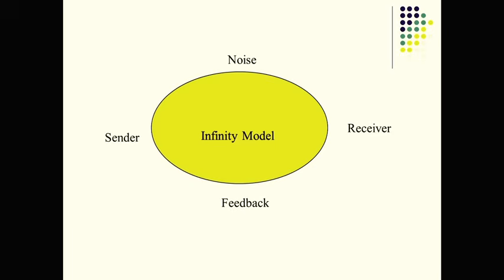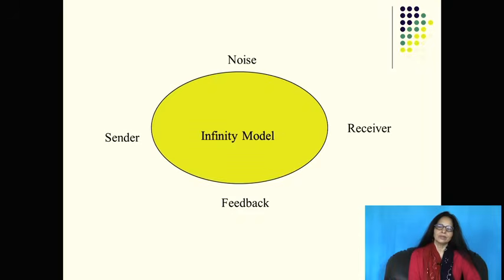So this is what is meant by the infinity model, that one transaction, completion of one loop, can lead to several other communication loops of this kind, which can go on to infinity.